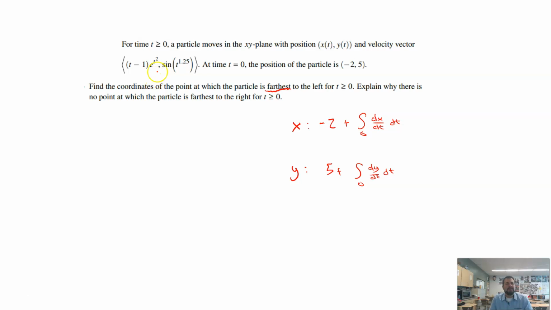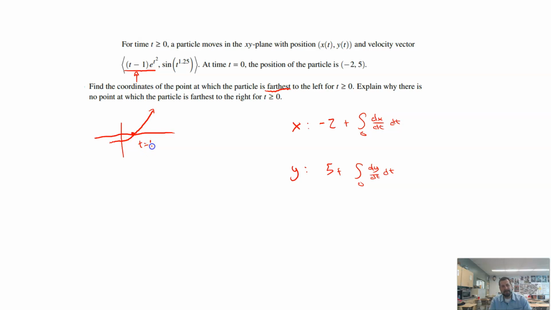To realize what's going on here, we have to remember that dx/dt tells us how the particle is moving in the left and right direction. So I'm going to graph this function and find where it's moving to the left, which means where my velocity function is negative. It just so happens that for time greater than 0, the graph is below the x-axis until that point right there, and then it never crosses again.